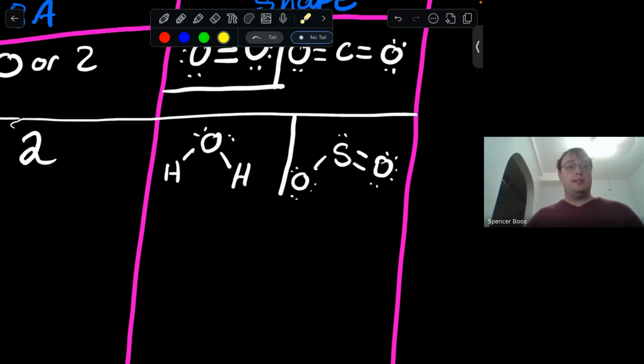Now that's what makes it bent. On sulfur dioxide, apologies, there is one set of electron pairs on there. Will there ever be lone electrons that are not paired? No. Right, electrons don't like to be all alone and all lonely.